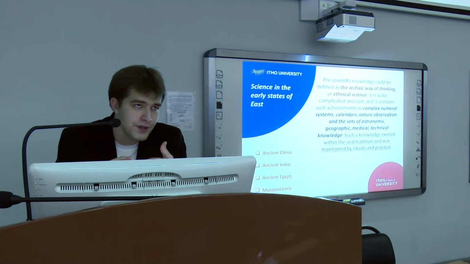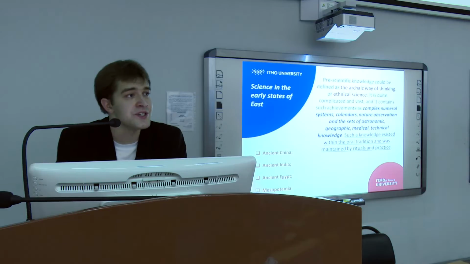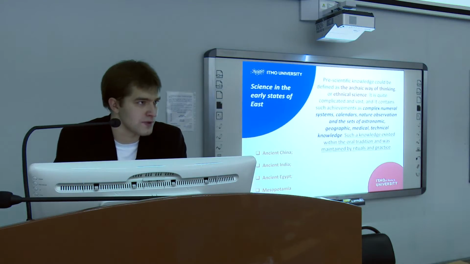The usual answer to the question of when science appeared is that it appeared in modern times, in the modern age. So scholars usually describe any other forms of science or knowledge as pre-scientific or pre-modern forms.